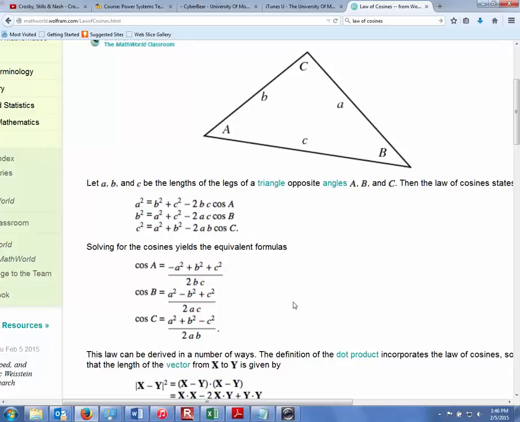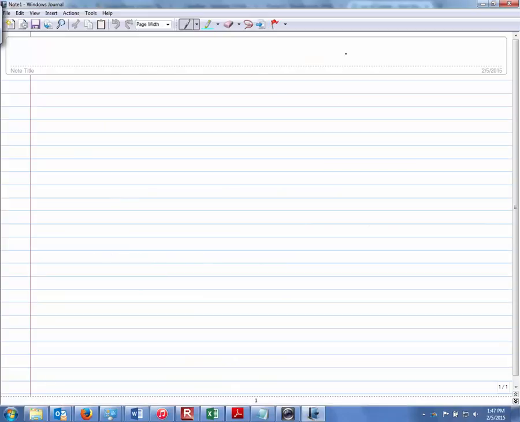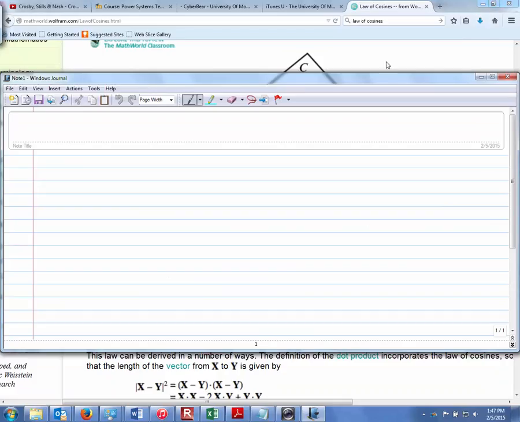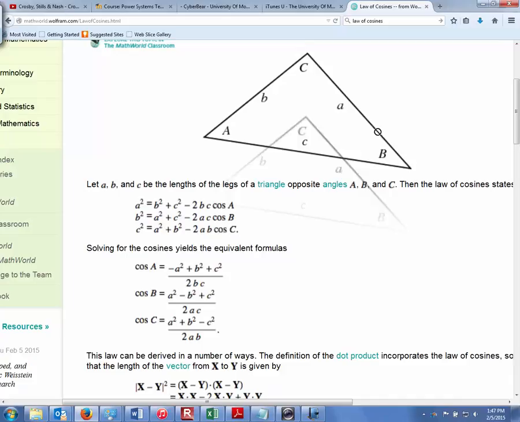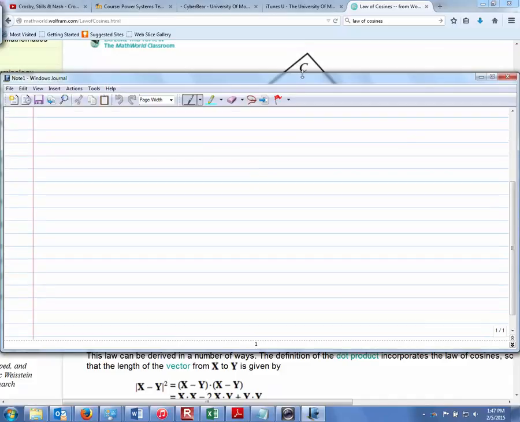This is where this stuff comes from. So here we go, Windows Journal, make that a little smaller, cheat off of Steven here, good old Steve.